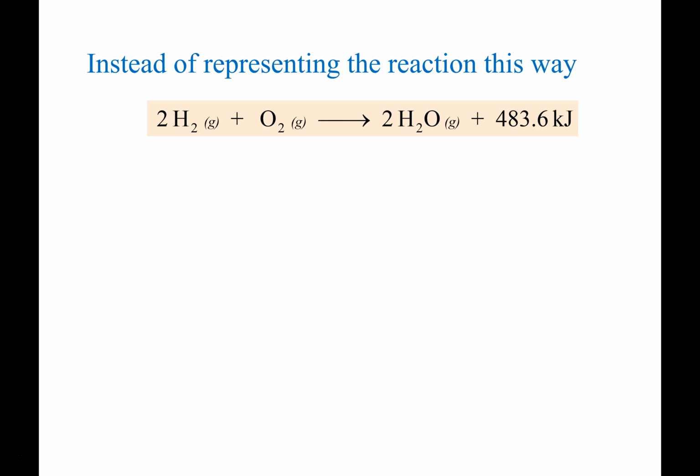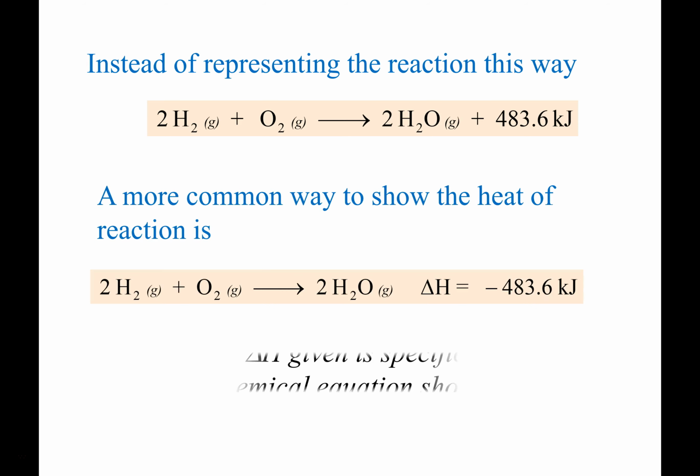So instead of presenting it that way, what we usually do is we put the reaction, and sometimes a semicolon right here. The difference between this one and this one is I am simply writing the reaction, and then saying the delta H, and sometimes I say delta H RXN, because I like doing that.